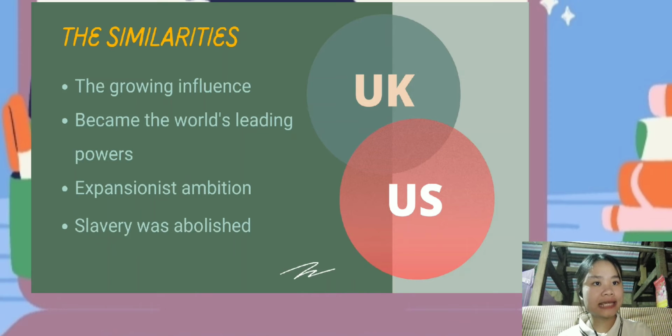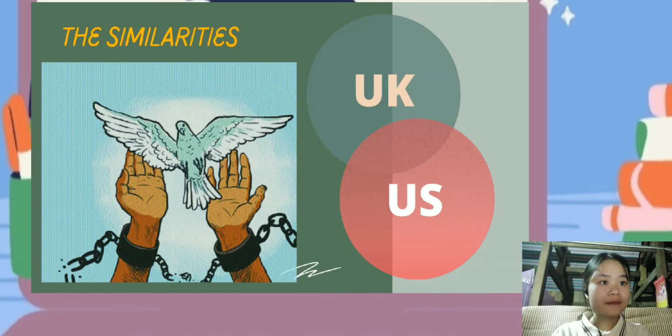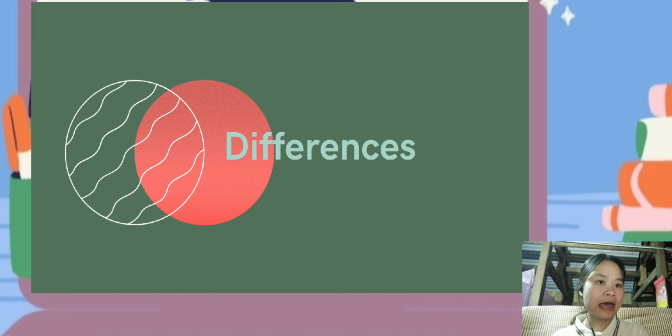Another similarity is that slavery was abolished in the same century in both powers, in England in 1833 and in 1865 in the United States, shortly after the American Civil War from 1861 to 1865. This event also marked the end of slavery worldwide.